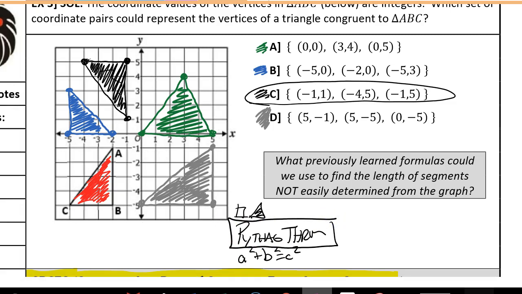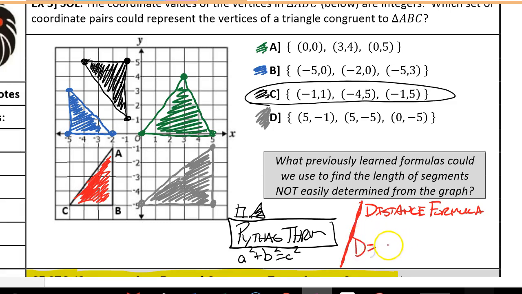The other more useful one, for instance, if we don't have a right triangle, which is in the practice example, we could use the distance formula to find the length of each side of the triangle using the endpoint vertices as my x and y values.